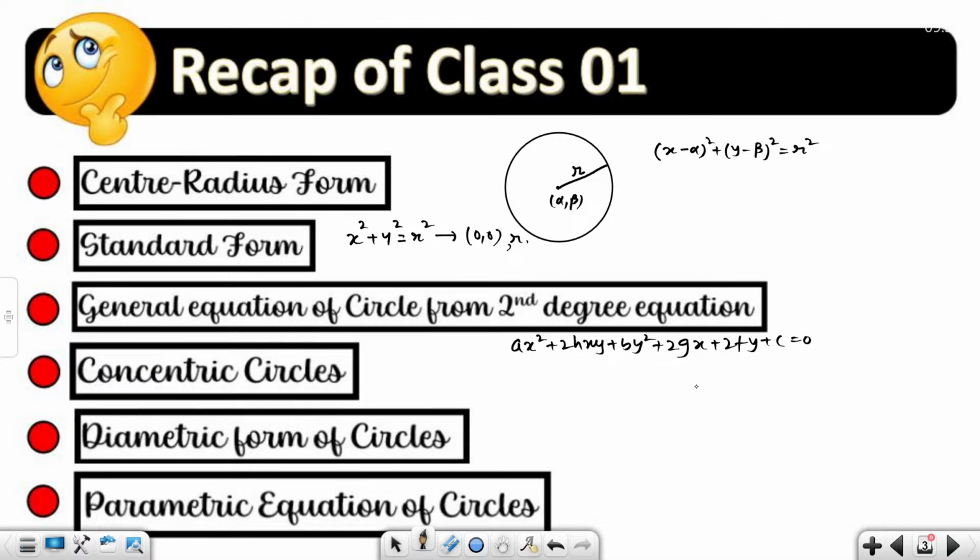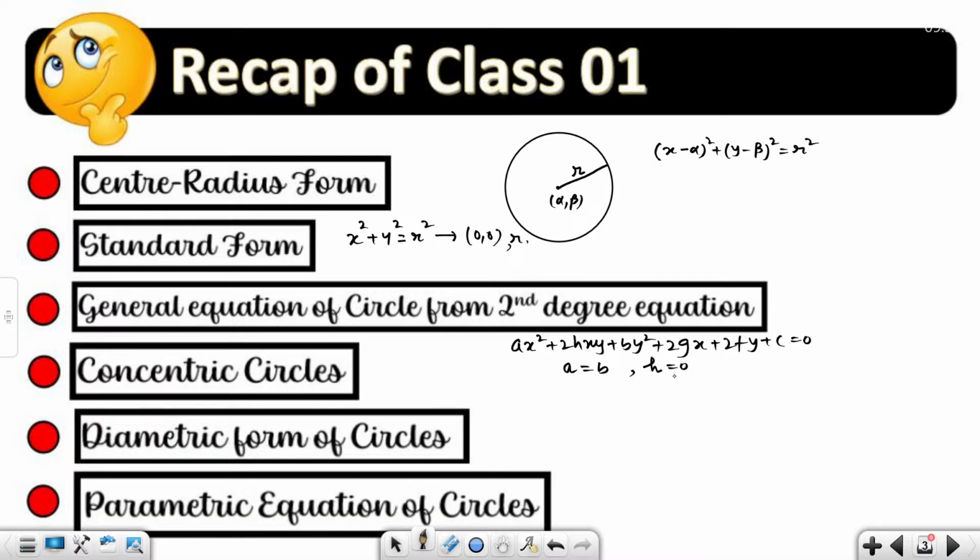Now, this general second degree equation will represent a circle when the coefficient of x square and coefficient of y square are the same, and there is no xy containing term, that is, your h will be equal to 0.